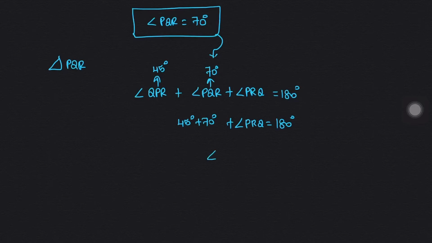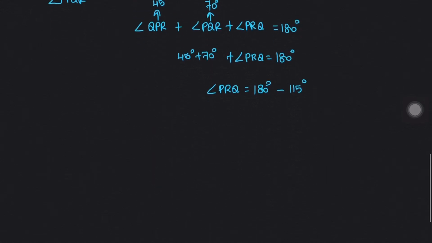Then moving to the right side, angle PRQ is equal to 180 degrees minus 115 degrees. Finally, angle PRQ is equal to 65 degrees. So this term is also equal to angle R.